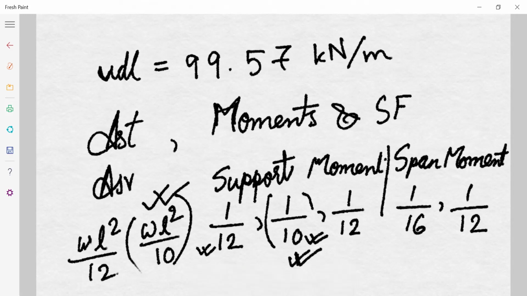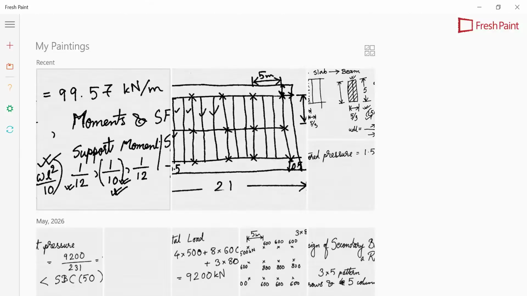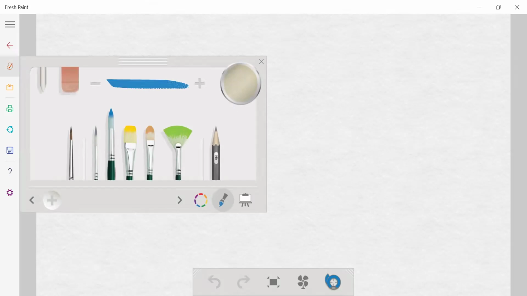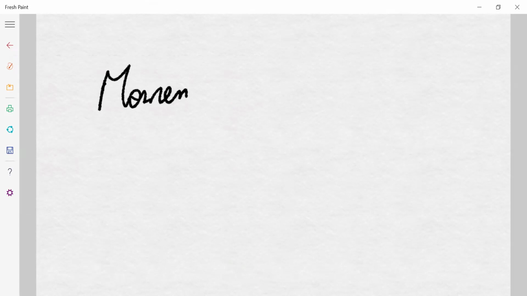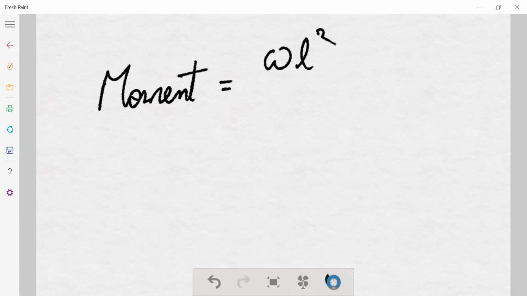The severest condition will happen when the coefficient is 1 by 10. So we consider that. Okay, so the maximum moment that we will consider is WL square by 10.